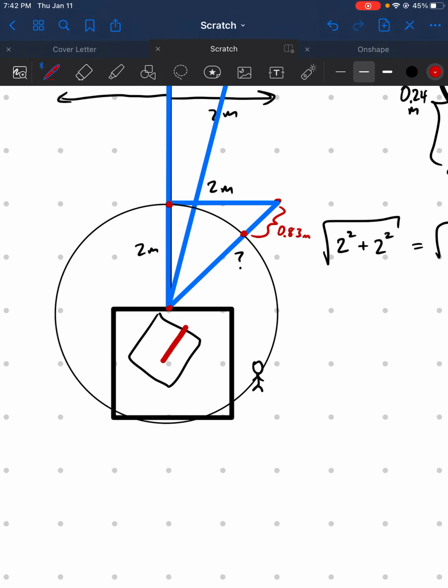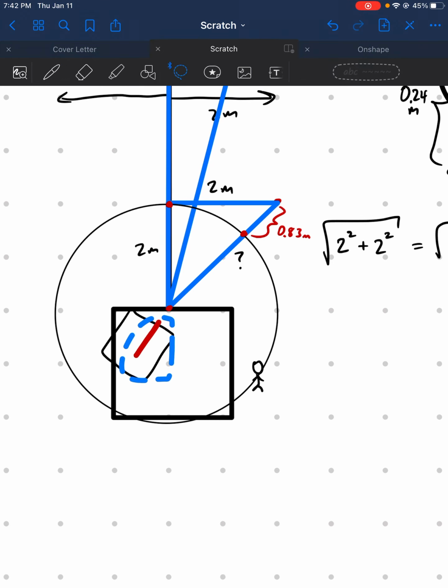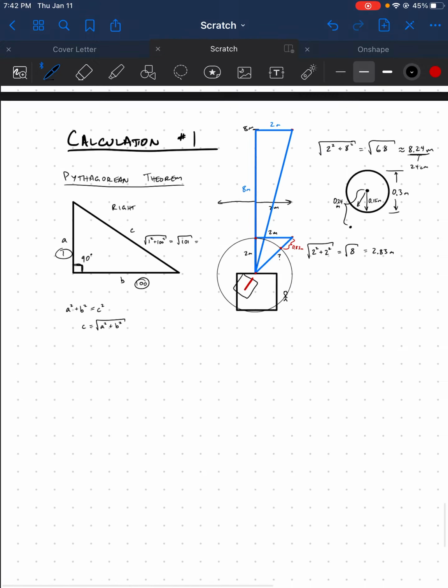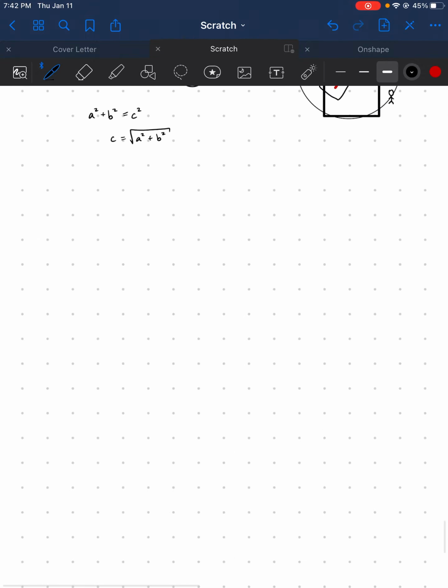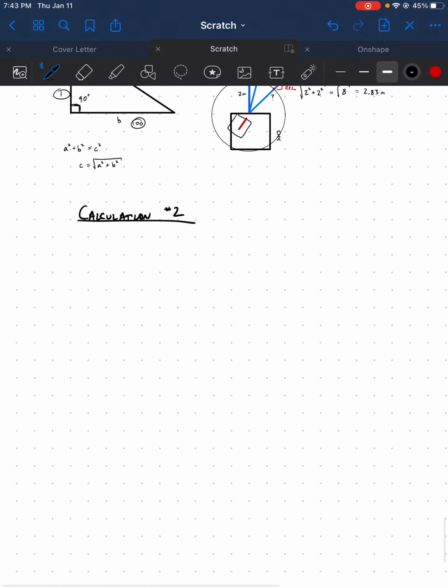Okay, that's enough of a tangent for one thing. So we can move on really quickly to the next one. Again, feel free to fast forward through all of this, whatever. Calculation 2 is called linear interpolation, right?